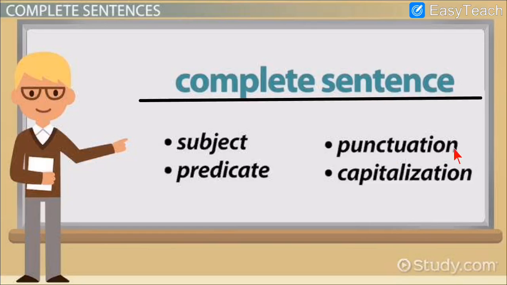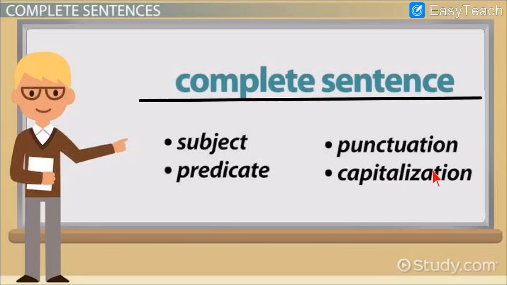Then punctuation, it is very important. What is the meaning of punctuation? Full stop, exclamation mark or interrogation mark, which we have already studied in chapter 1. That is called punctuation. Without punctuation, again the sentence is not complete. It is incomplete. Then capitalization, a very important thing.